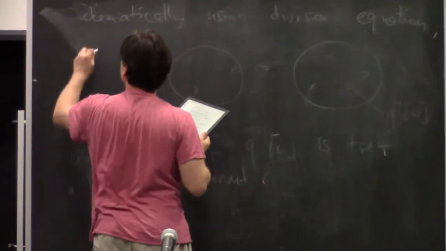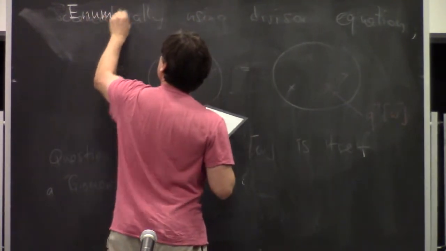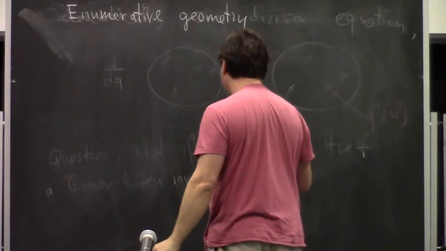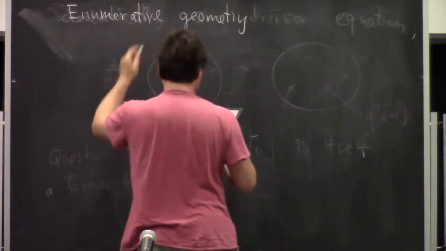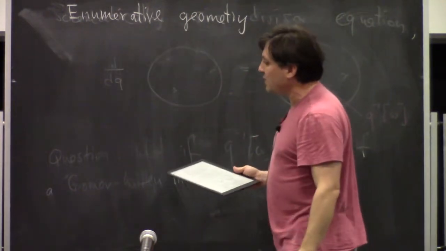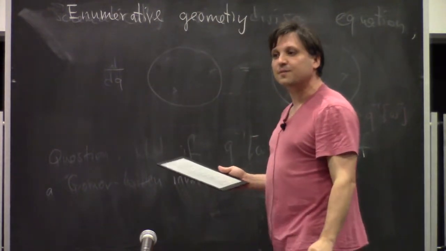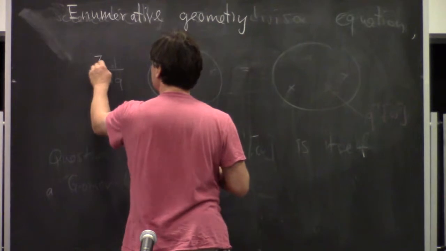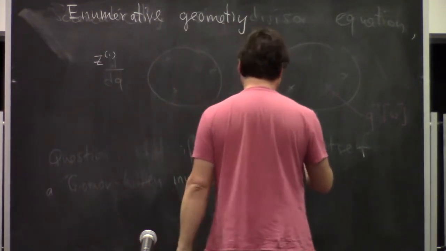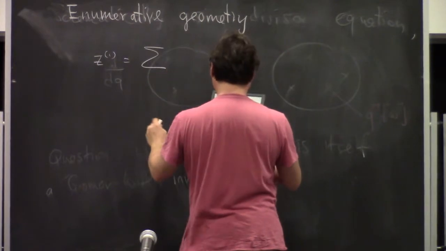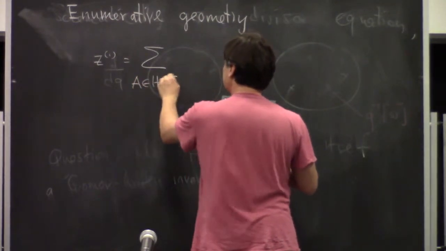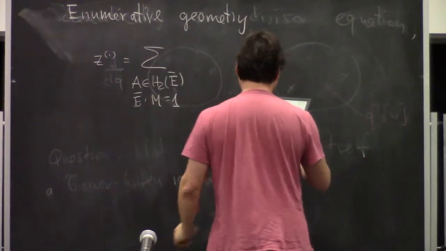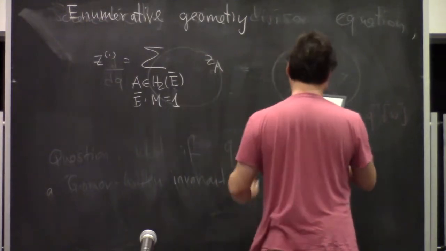Its enumerative geometry is extremely well known. So I want to look at just the simplest kind of enumerative geometry, namely genus zero curves with one marked point. Okay, and so the simplest kind of that you can have are sections. So there's some count of sections which I call like this. So formally speaking, you take those classes which intersect the fiber once, and for every class there's some number here.